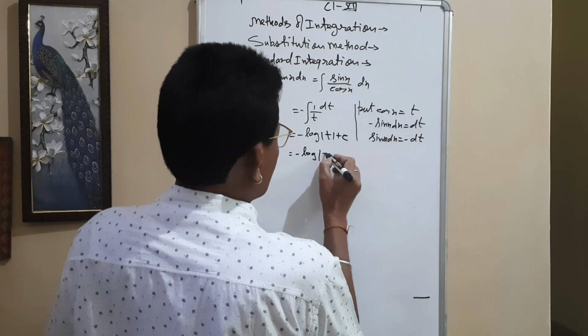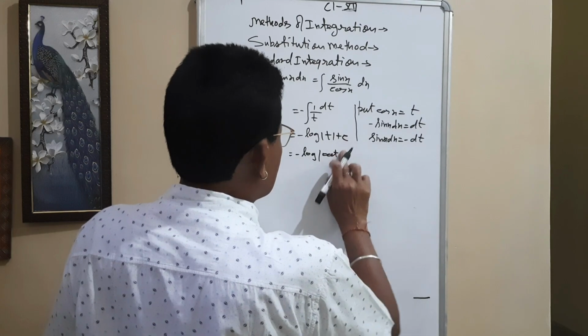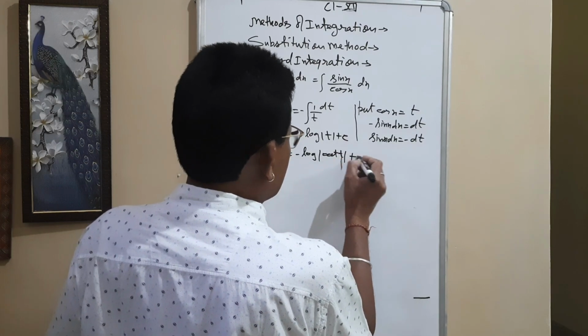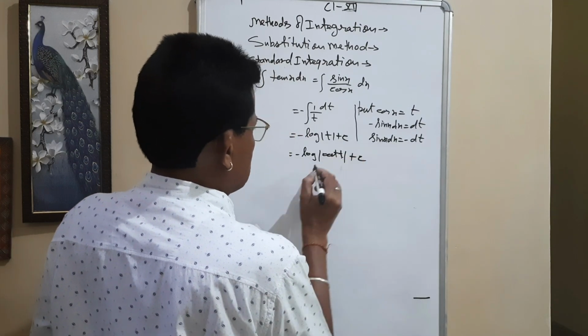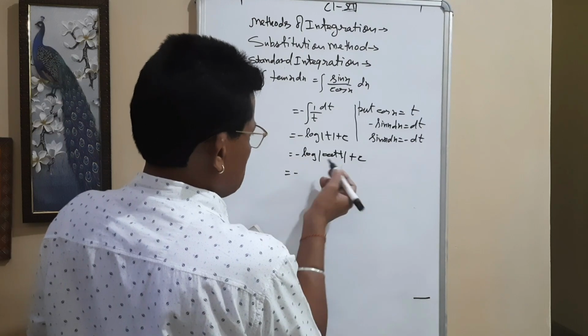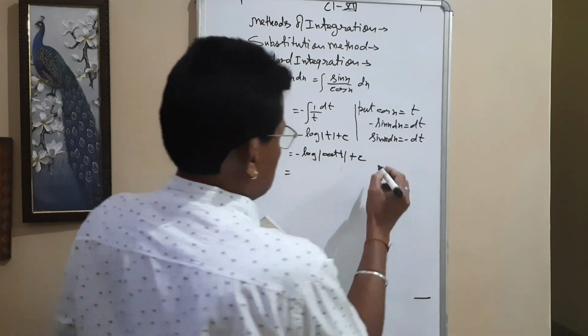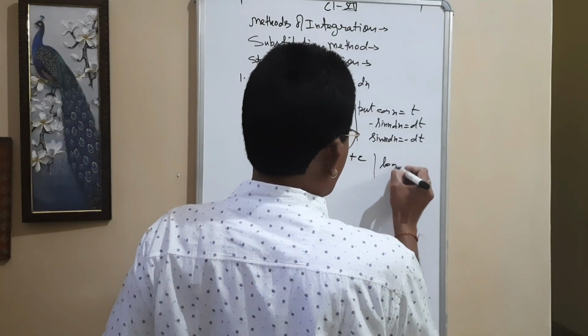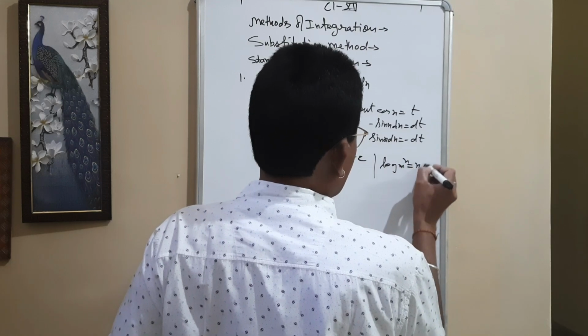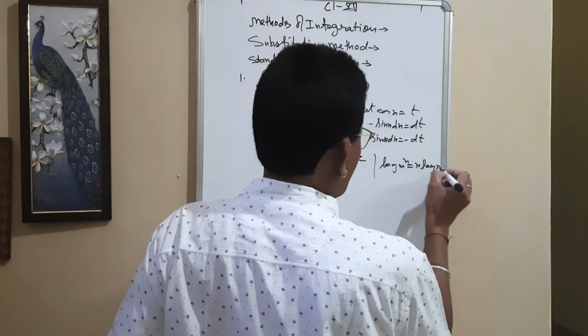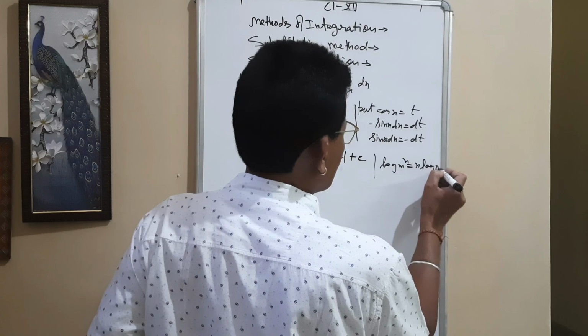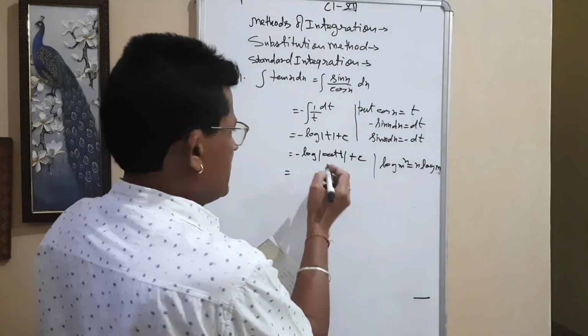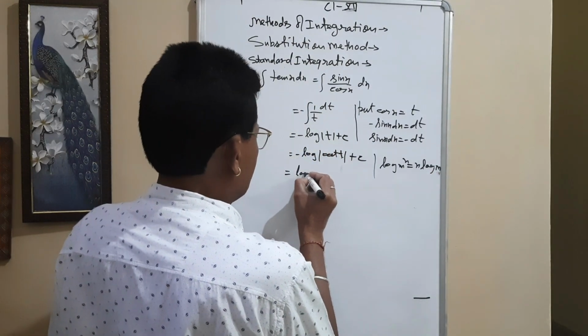Substitute the value of t, cos x. Most important, my dear student, you must concentrate. With this negative sign, you use the log formula: log m to the power n is equal to n log m. The same thing I am going to use over here.